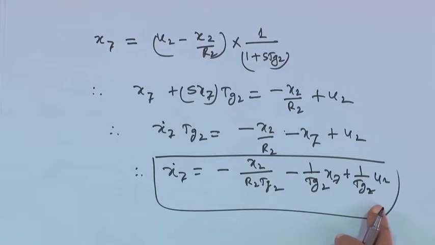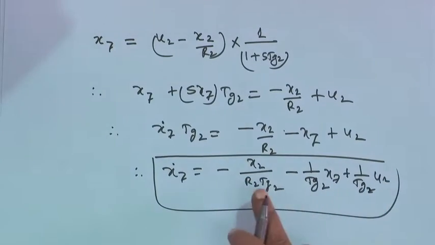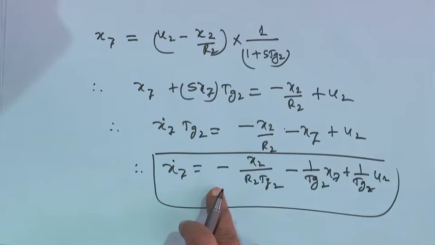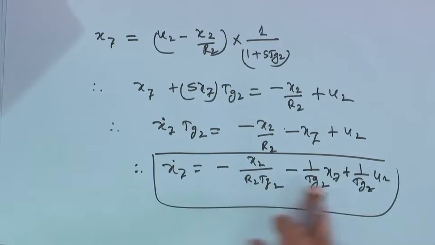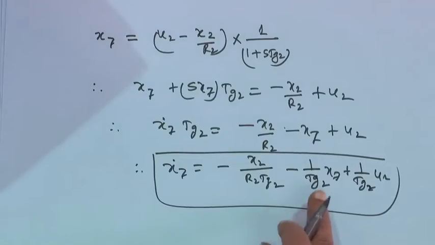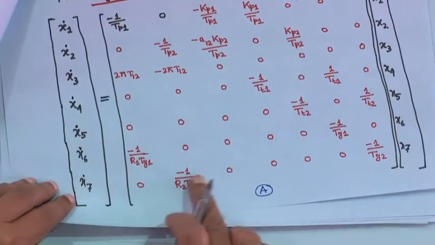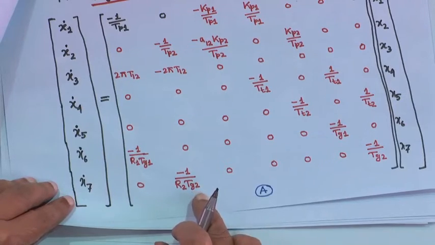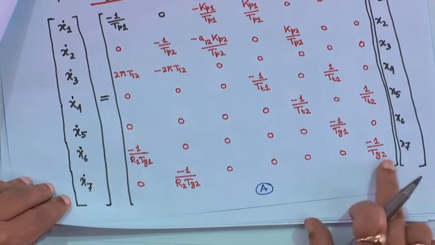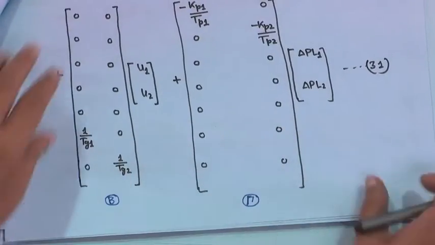So u2 is involved here. Other things are only A72 and A77, these two elements in the A matrix. A72 is minus 1 upon R2 Tg2, A77 is minus 1 upon Tg2, and in the last one, 1 upon Tg2 u2 is there.